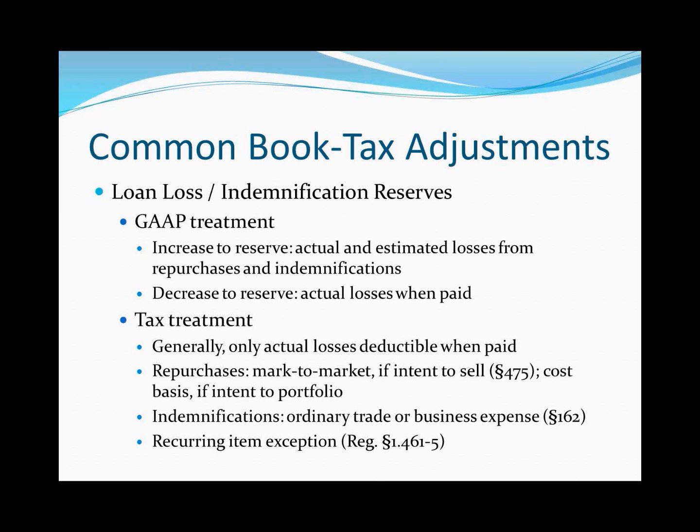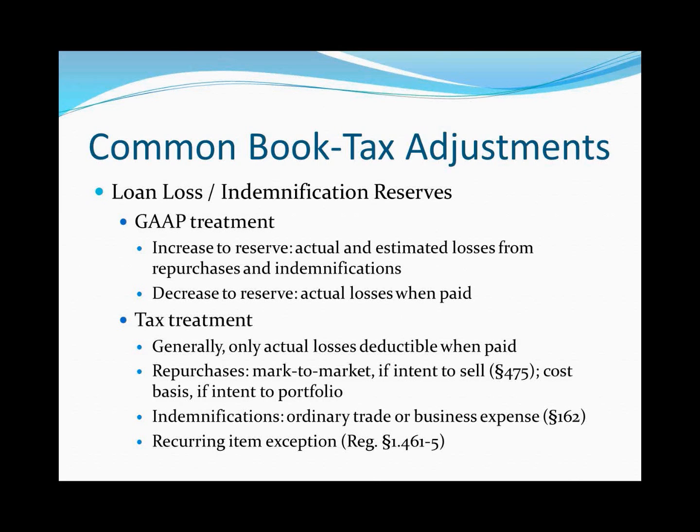Repurchases, there's kind of a split here. If you repurchase a loan and your intent is to resell the loan if possible, and you've actually made attempts to resell the loan, then we can probably apply the mark-to-market rules under 475. And if that loan has decreased in value, that could result in a deduction.